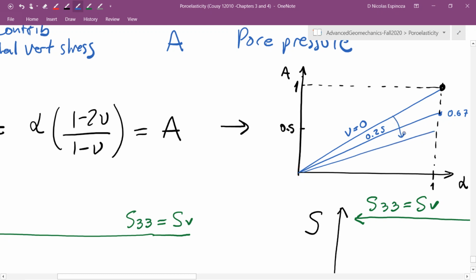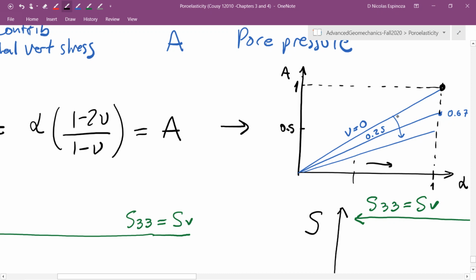But in general, for real rocks with a Poisson ratio which is usually larger than the porosity, but also larger than more or less 0.3, 0.4, depending on how tight the rock is, it is going to be somewhere around this region, and with a real Poisson ratio the coefficient is going to be in the neighborhood of more or less 0.5, 0.6, 0.7.